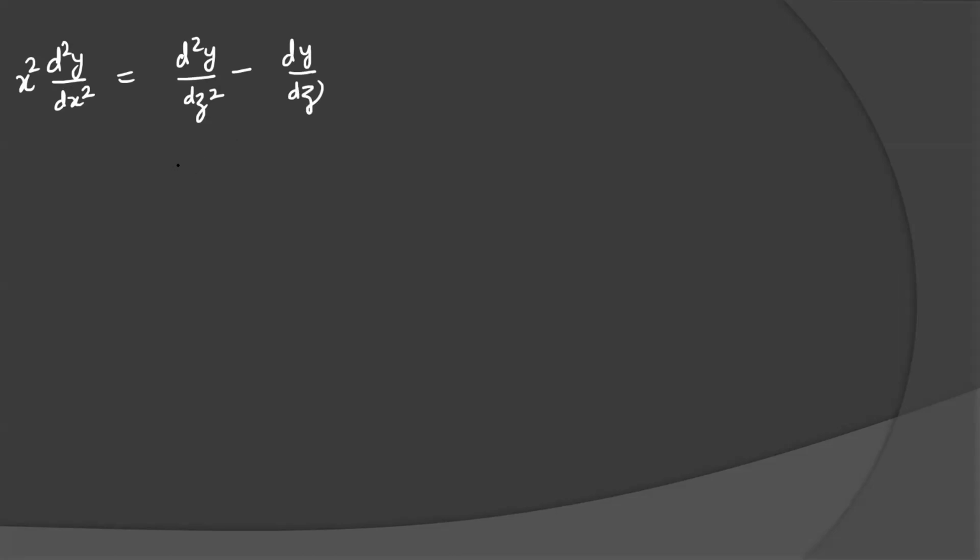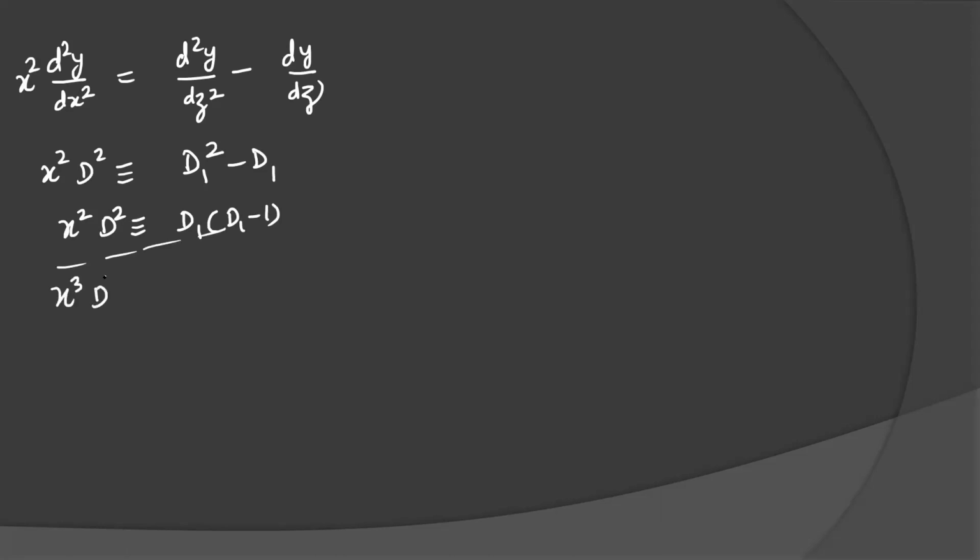You can see it in some books, or you can derive it yourself also. So x square D square is nothing else but D1 square minus D1, or x square D square equal to D1 (D1 minus 1). In a similar manner, x cube D cube will be equal to D1 (D1 minus 1)(D1 minus 2), and you can find the other derivative terms.